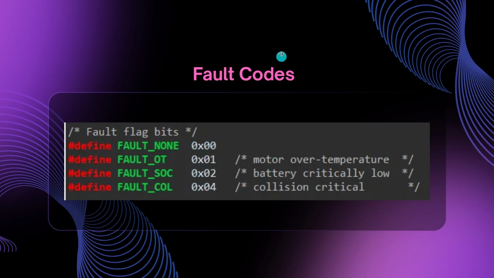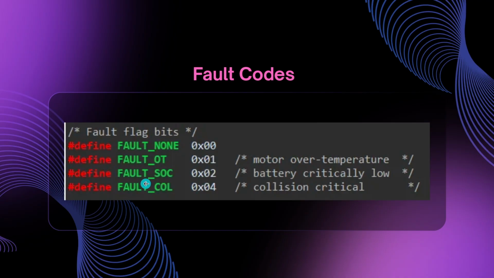So these are the fault codes for each independent fault occurring, such as if the fault is none, the code displayed is 0x00, saying that no abnormal conditions exist. When we have a fault OT, which is over temperature, we get 0x01, which indicates motor temperature warning.